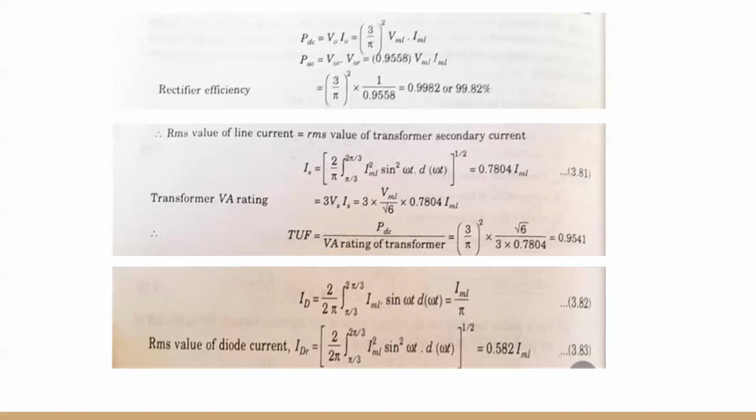IS is equal to the square root of 2 upon 2 pi integration from pi by 3 to 2 pi by 3 of I square ml sine square omega t d omega t, which is equal to 0.7804 IML.